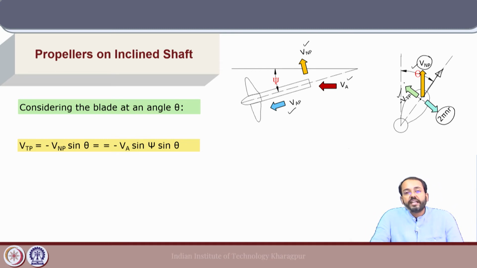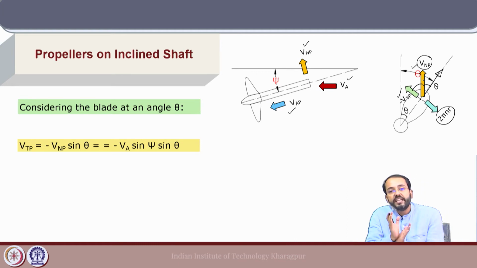In this particular diagram, we are only considering the tangential forces because that is how the tangential velocity components will be altered. So, this angle is theta, and hence the angle between these two, the tangential component of VNP and VNP itself, will be 90 degrees minus theta.